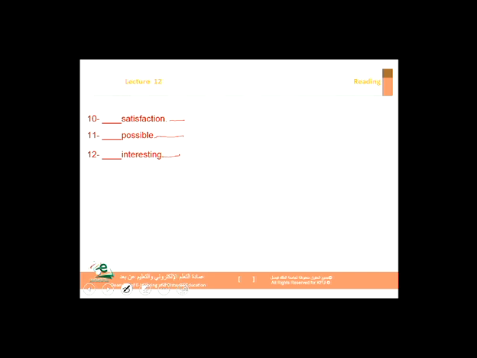You might find some more ways of making negatives of these words, some synonyms, some other words. But if you want to change these words to the opposite meaning, just add UN or IN, IR, or DIS, the prefixes that I've shown you in the slide before.